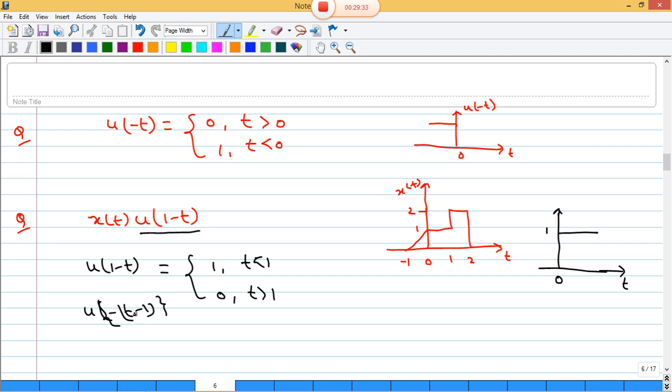Okay, so first of all it is shifted to that side.